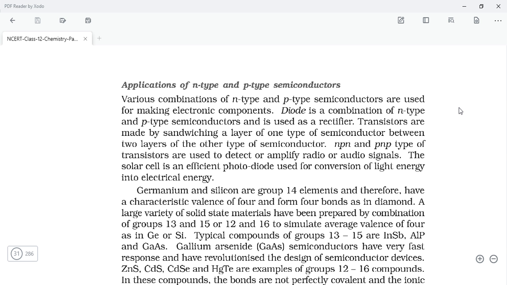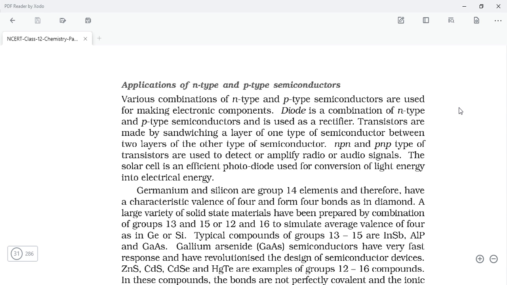Germanium and silicon are group 14 elements and therefore have a characteristic valence of 4 and form 4 bonds as in diamond. A large variety of solid state materials have been prepared by combination of groups 13 and 15 or 12 and 16 to simulate an average valence of 4 as in germanium or silicon.